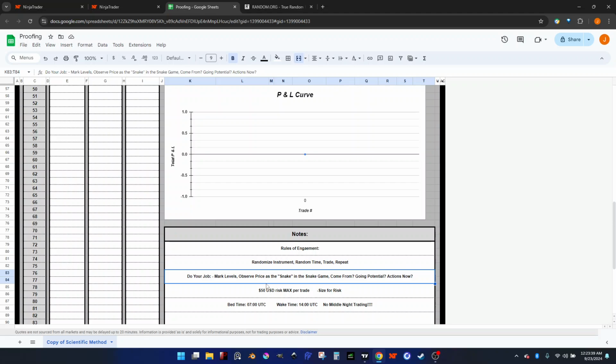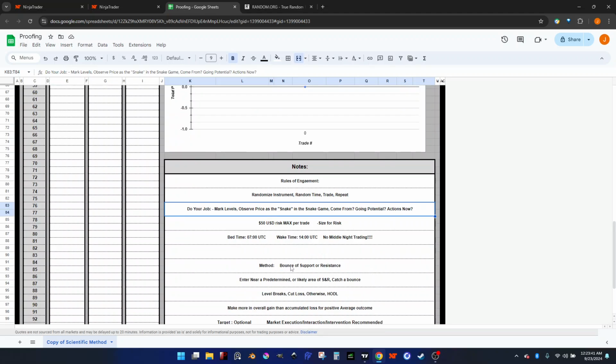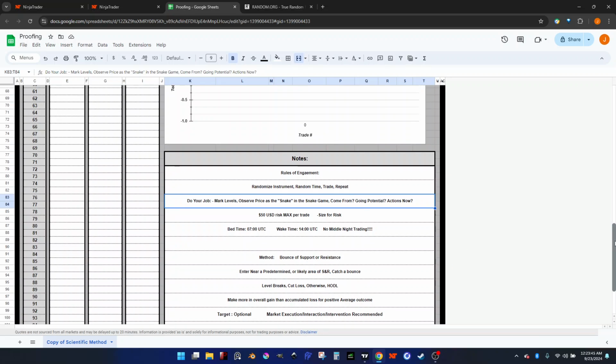We're going to risk the $50 max, and we're going to use the basic support and resistance level. We're just looking for a bounce off of support or resistance, and I've got a few different videos talking about ways to identify this objectively, ways to look for it and spot it no matter what time frame you're looking at, because price is an overall motion, not time frame limited.